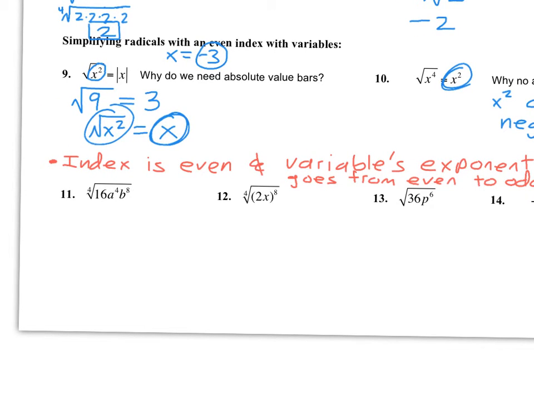Alright. So for number 11, I can rewrite 16 as 2 to the 4th, which we simplified earlier, or we broke it down.